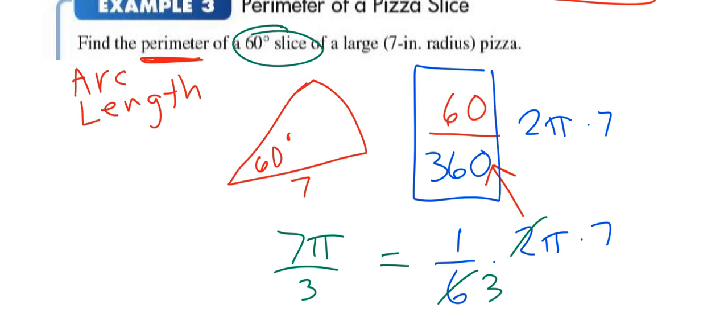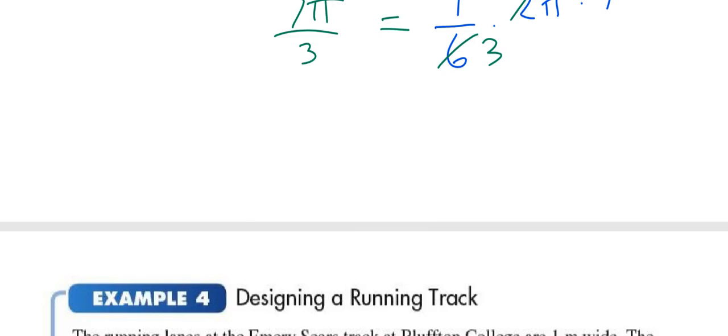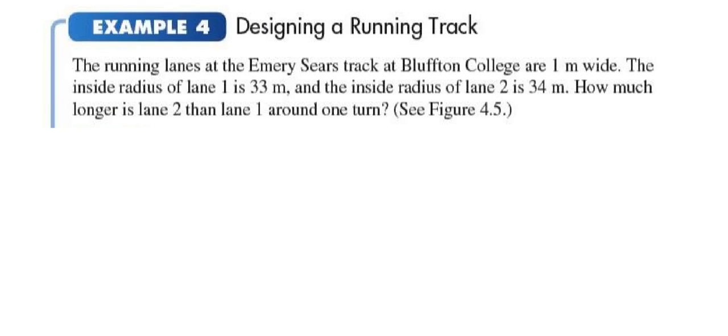Suppose they said we have pi over 3 radians of pizza. That would be the same exact question, except I would be dealing with radians instead of degrees. So it is based on what the problem chooses from the beginning. And I'm not quite sure I've answered your question completely, but we will continue on and hopefully.